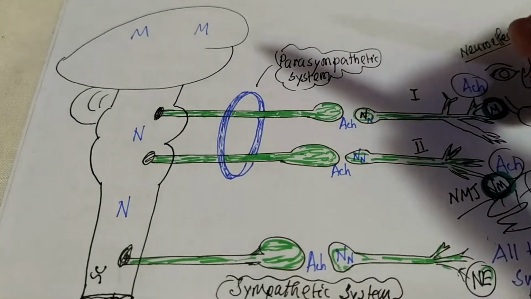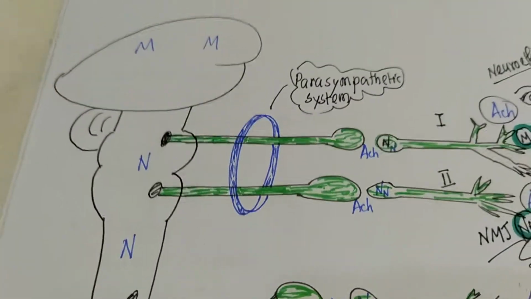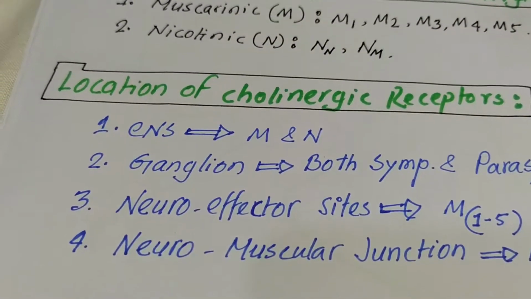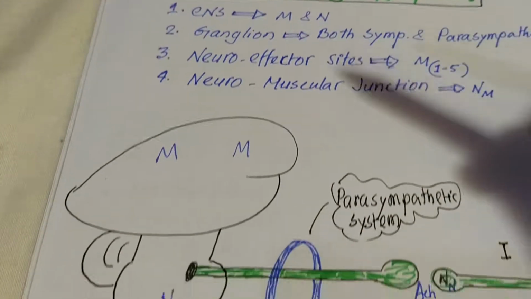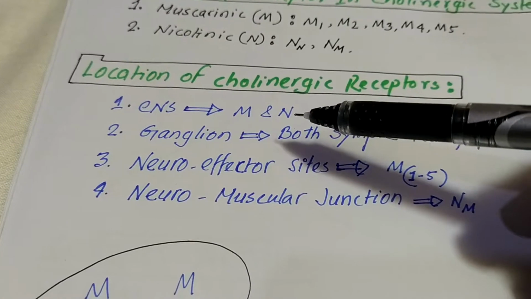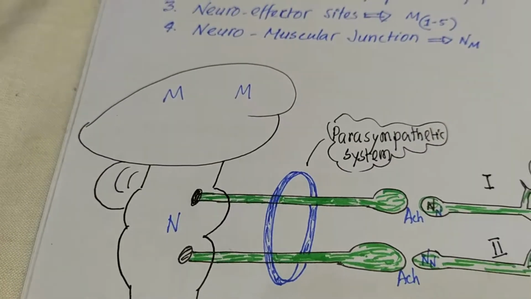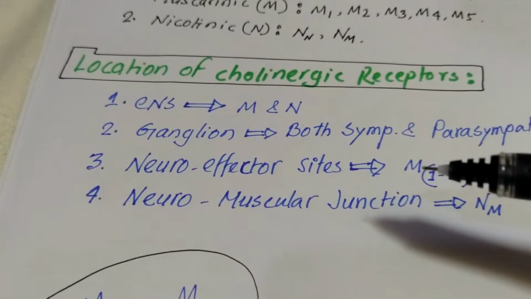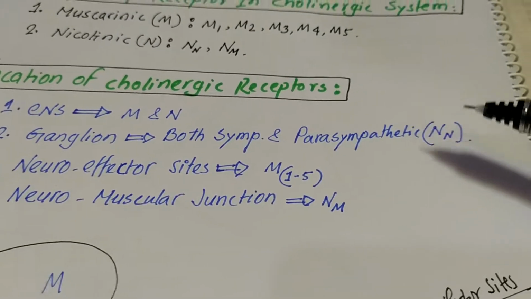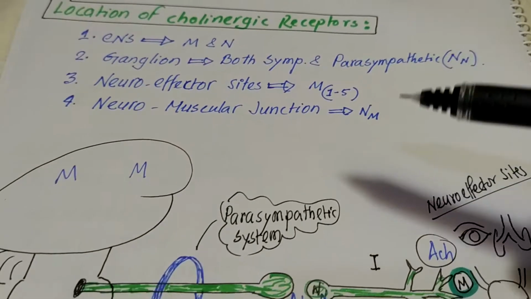So after this discussion, we can summarize the location of cholinergic receptors. Number one, the central nervous system, where both muscarinic and nicotinic type of receptors are present. Number two, the ganglion, where in both sympathetic and parasympathetic ganglia the nicotinic N type receptor is present.